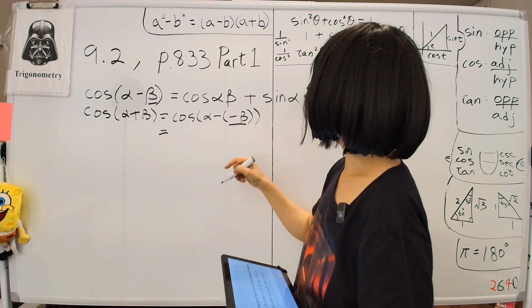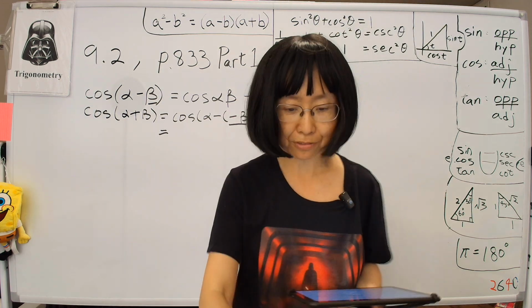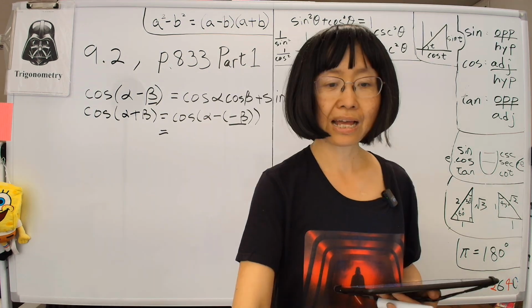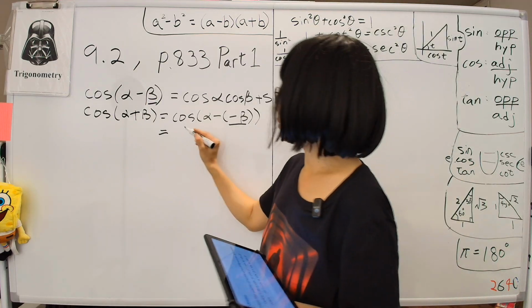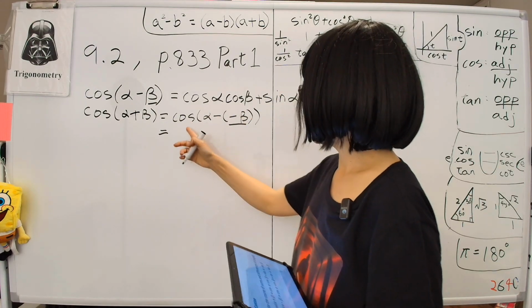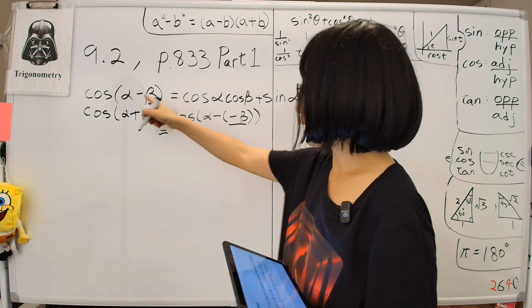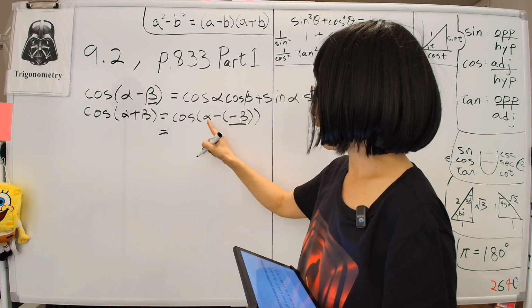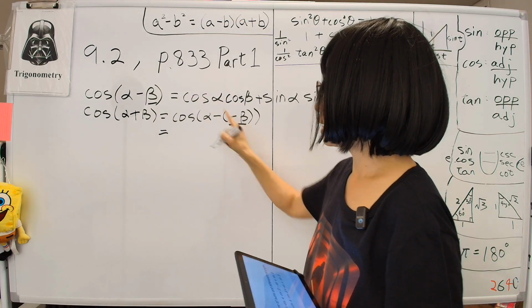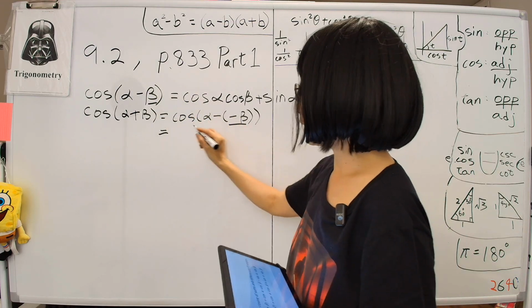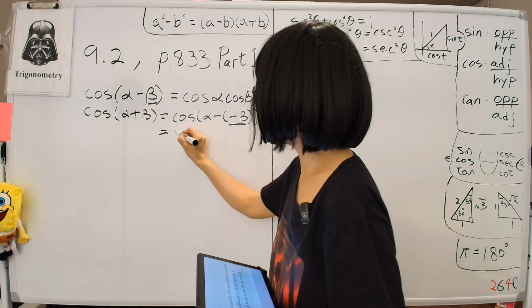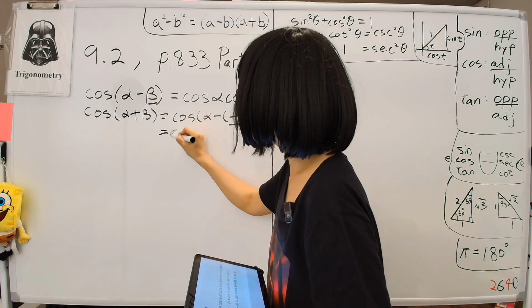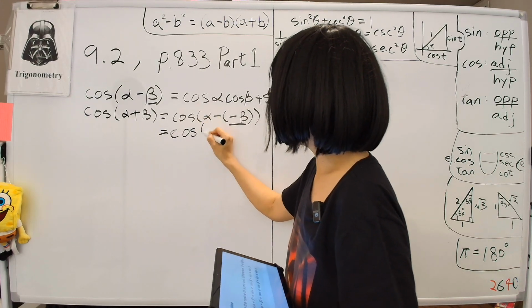To do this, I'm applying this formula. I have alpha minus some angle, and to apply this formula, this is equal to cosine of the first angle, cosine of alpha.